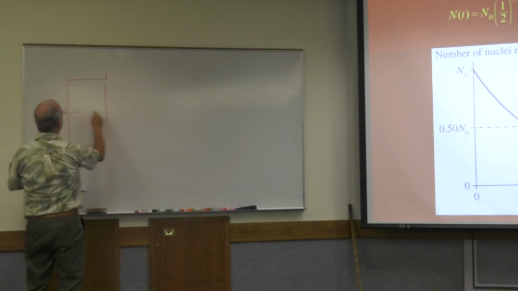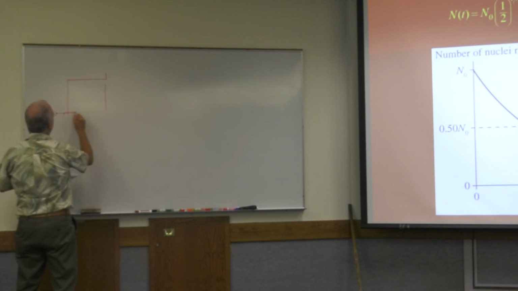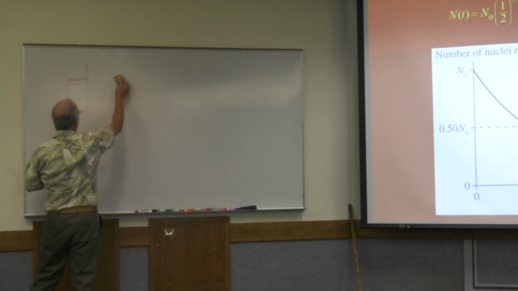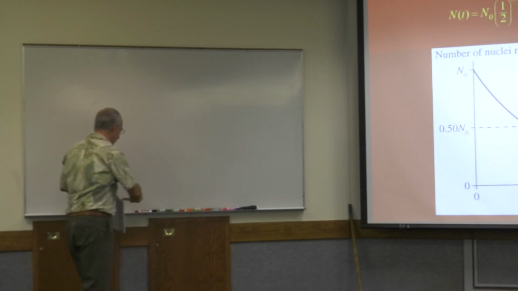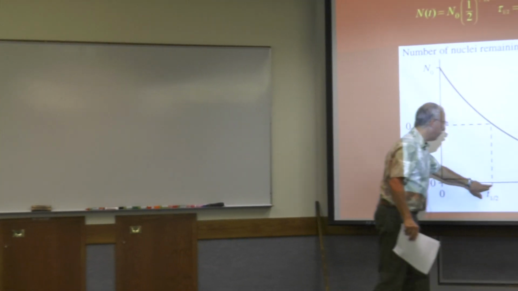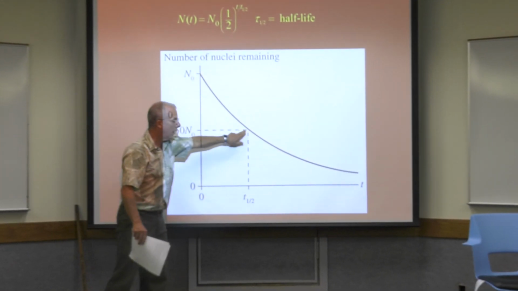After a second half-life, half of that will have decayed. After a third half-life, half of that will have decayed. So it's just a nice conceptually easy way to think about it. So here you can see when the time is 1 half-life, half have decayed, so half are remaining.